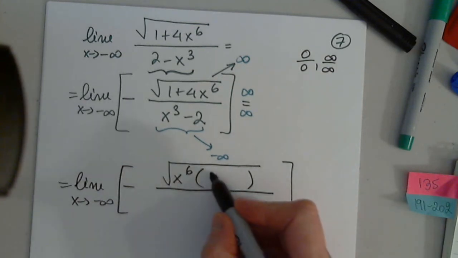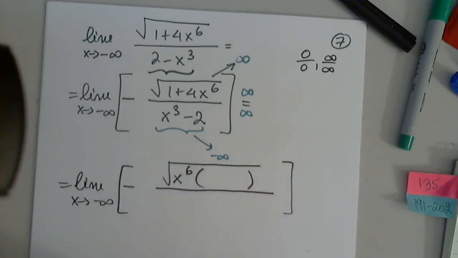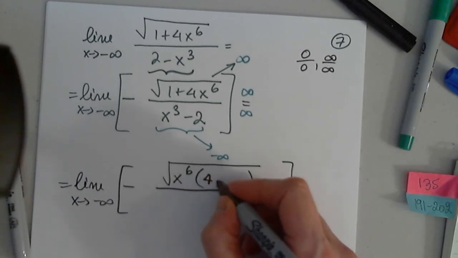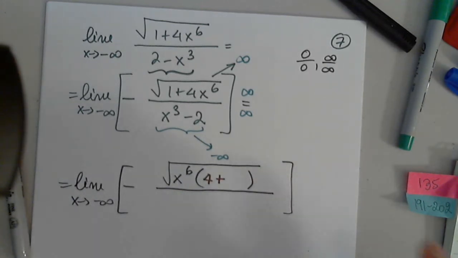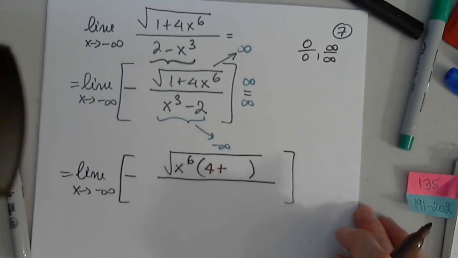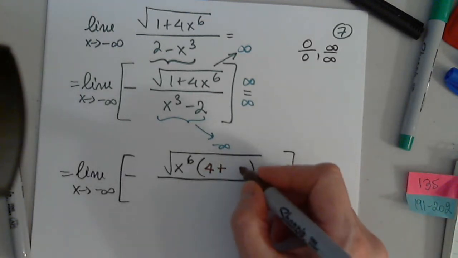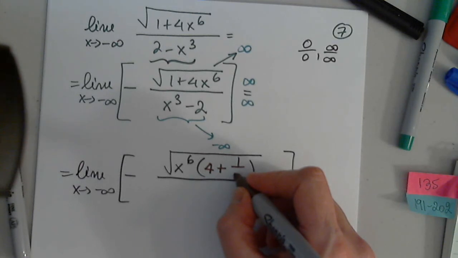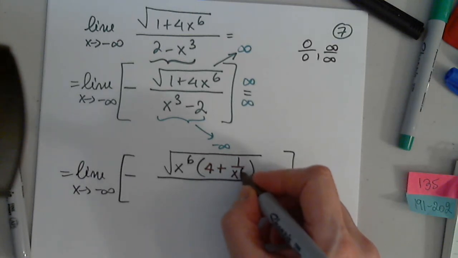Would be 4, so I'm starting out with the leading coefficient. So you have 4. Very good. Awesome. 4 plus 1 over x to the 6th. Great job.